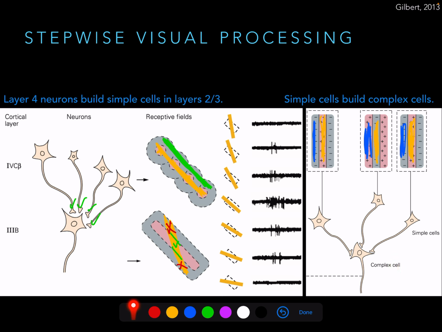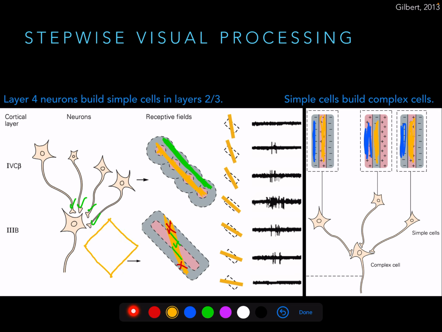Now, this is not unique to vision. This is kind of the rule for sensory systems. We start with simple information, in this case, points of light. We turn that into slightly more complex stuff, lines. Then guess what we do with lines? We turn lines into shapes. What if I have 4 lines? Well, I'm going to turn on, right, one of these simple cells, another simple cell, a neighboring simple cell.